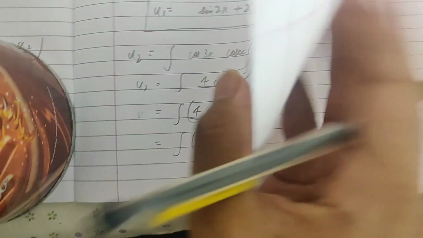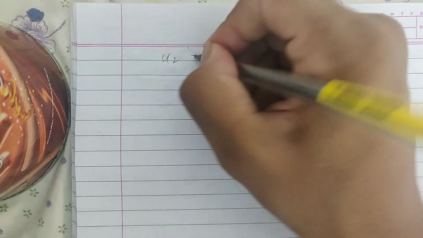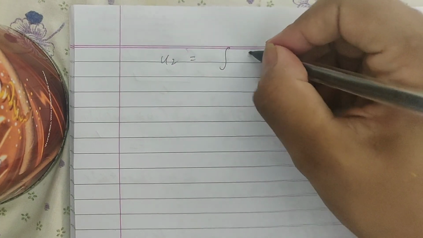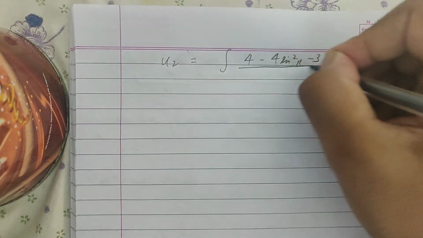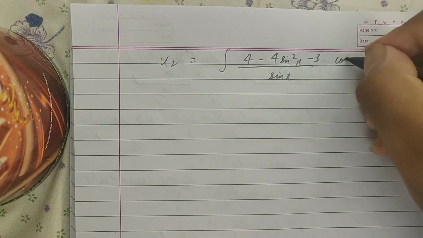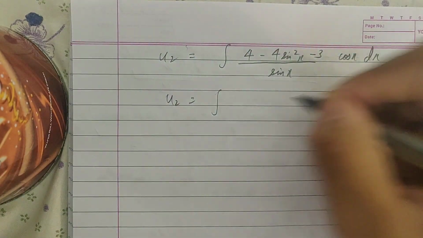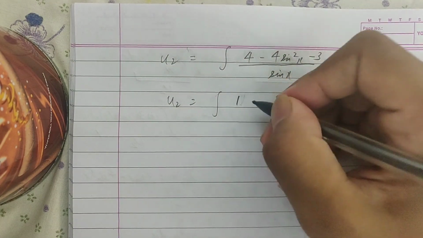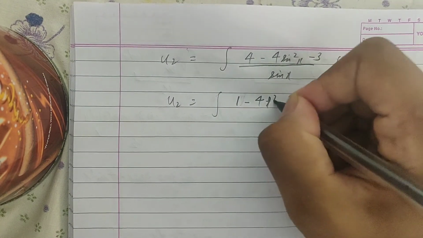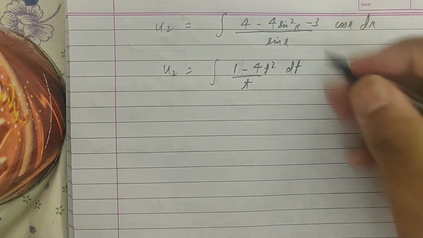Let's flip the page. So we were at 4 minus 4 sine square x minus 3 upon sin x into cos x dx. u2 is equal to the integral of 1 minus 4t square upon t dt, since t was sin x.